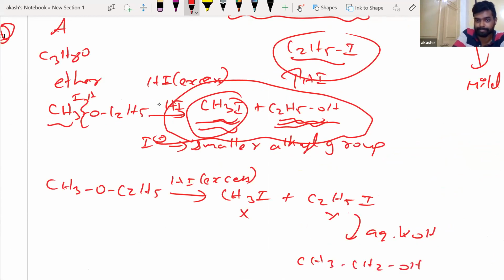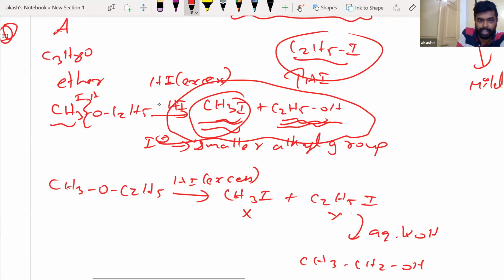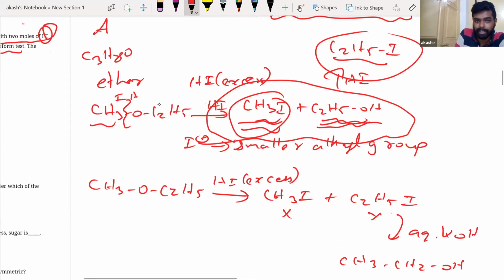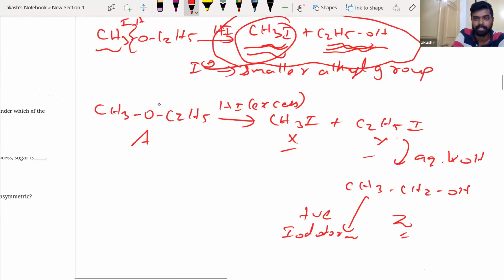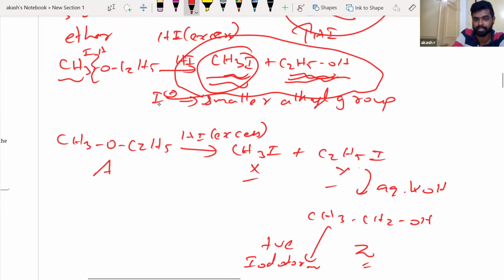That is Z. And this is A. A with HI excess forms X and Y, and X on boiling with aqueous KOH forms ethanol, that is Z. And this will give a positive test for iodoform. Just now we saw, CH3CH2OH on NaOI gives me CHI3 plus HCOO minus. That is what will happen in this reaction.